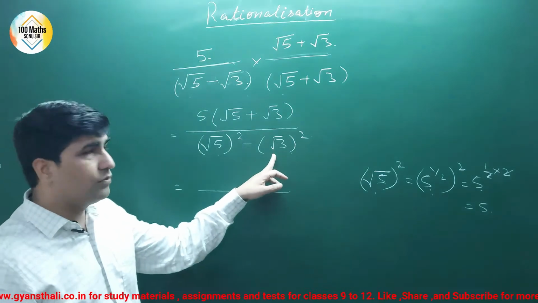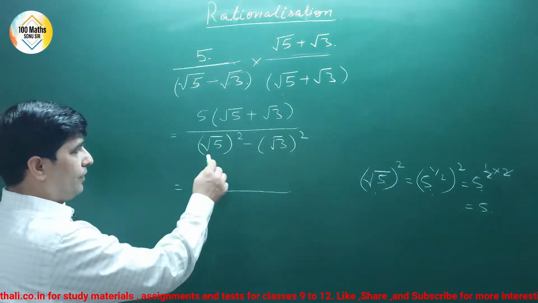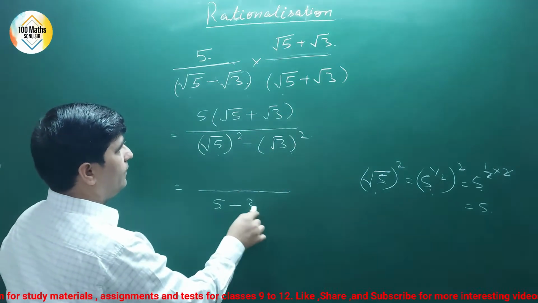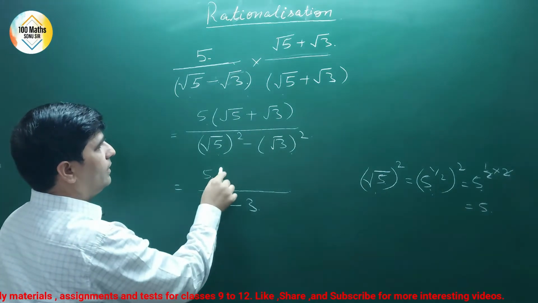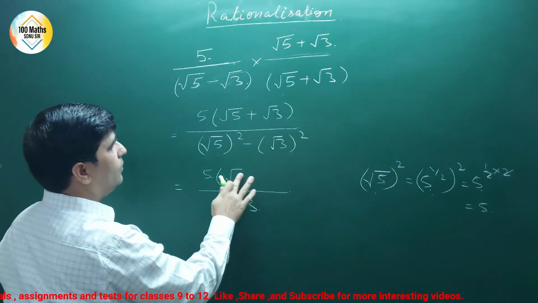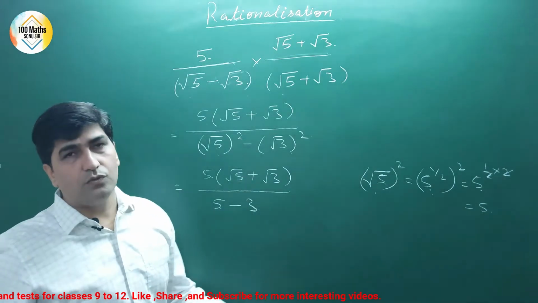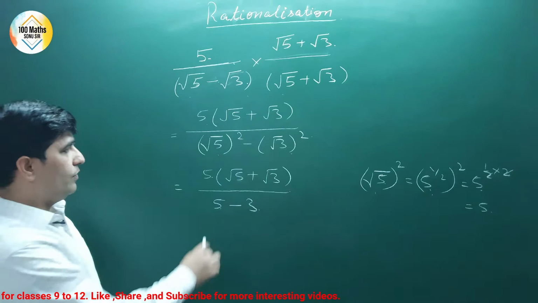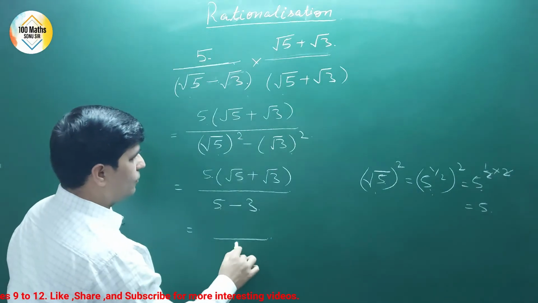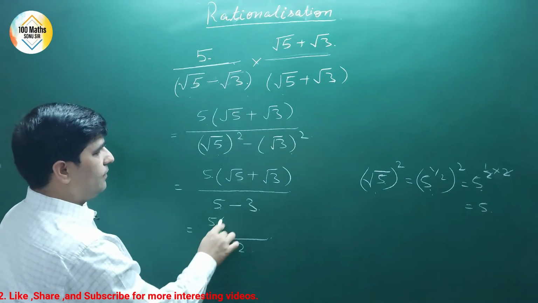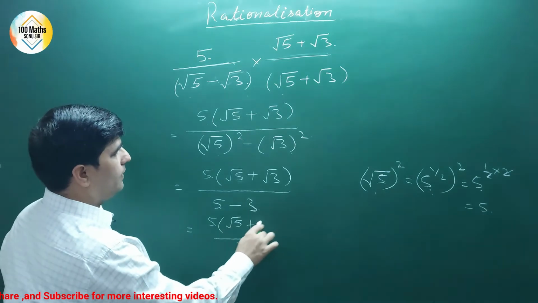Similarly, we can solve root 3 square. It will be 3. So this is 5 minus 3, and the numerator we can leave in this form only, root 5 plus root 3. So what is coming? The final answer is 2, and this is 5 into root 5 plus root 3.